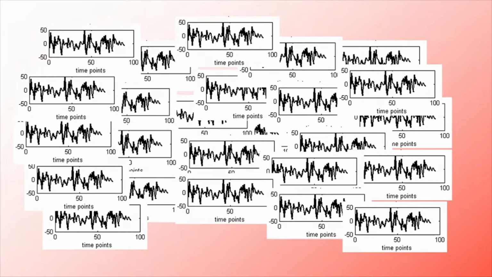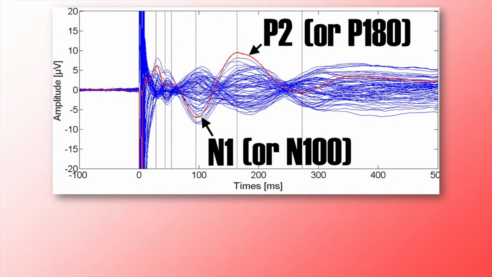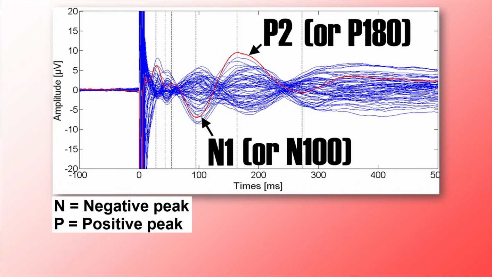Now, to see clear ERP patterns, a single trial is often not enough, and it can only be observed when a number of trials are averaged. Although some ERPs have special names, many of them include the letter N or P, followed by a number. The N stands for a negative peak, and the P stands for a positive peak.